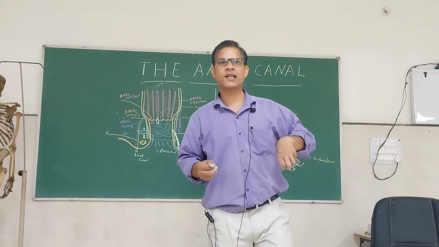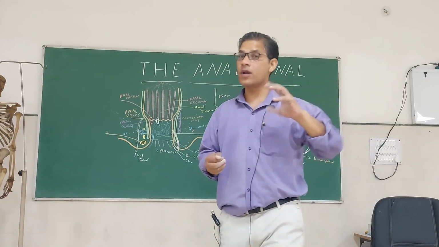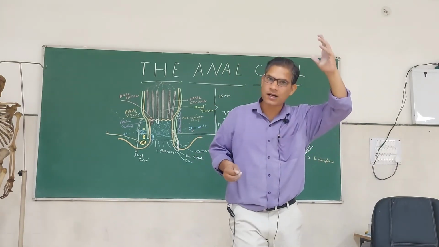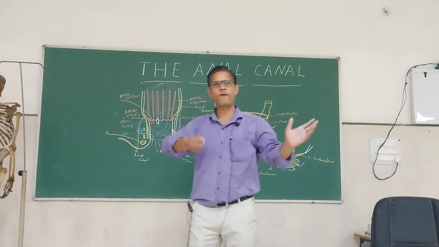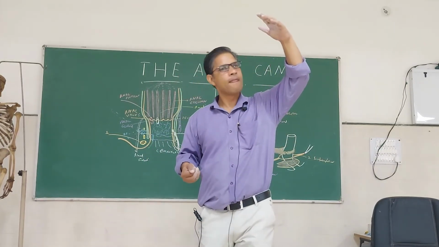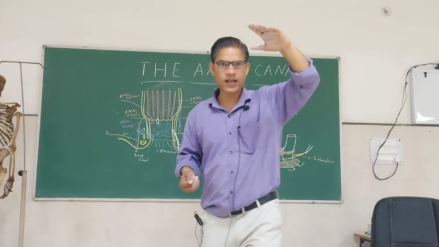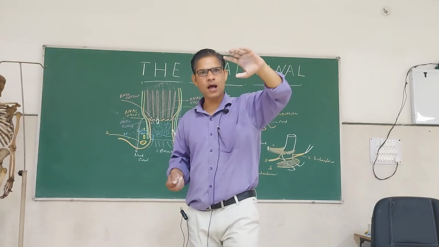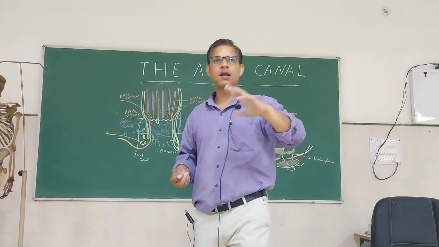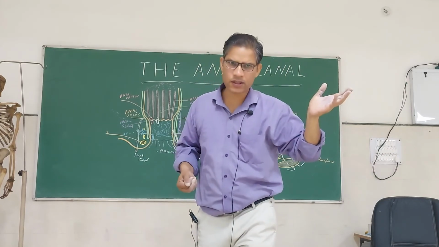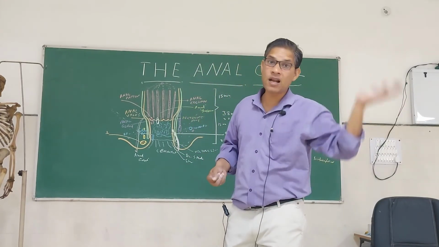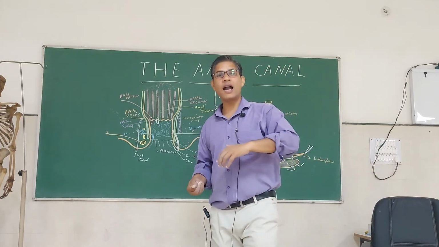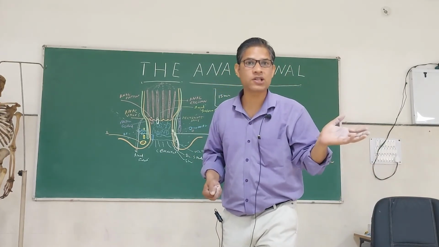One important aspect is the two important lines, above the pectinate line and below the pectinate line. Above the pectinate line, the first part of the GIT is developing. It is supplied by the autonomic nervous system, by the superior rectal vessels, the epithelium is columnar epithelium, and the internal piles are insensitive to pain.